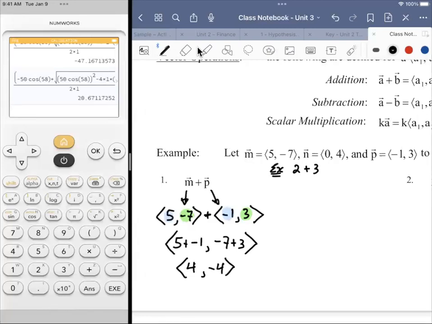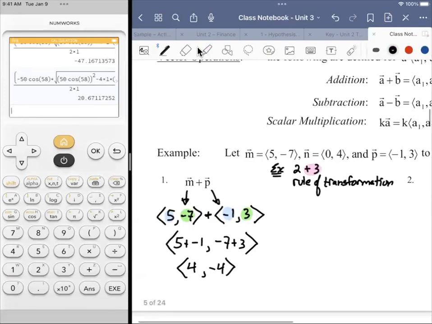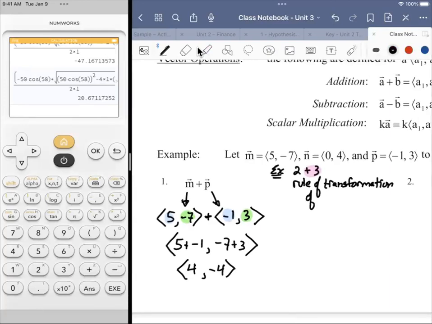What we're doing is we're looking at these as two isolated things. This 3 is the rule of transformation of the 2.